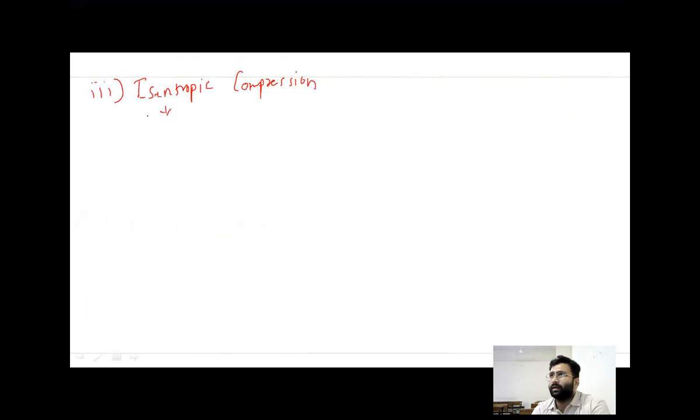Isentropic is nothing but reversibly adiabatic.